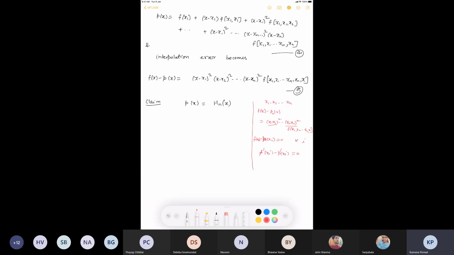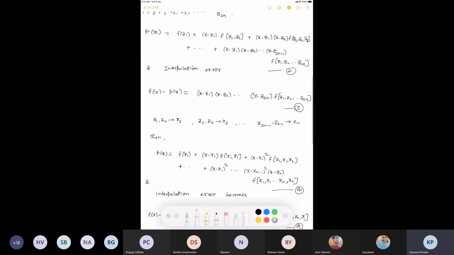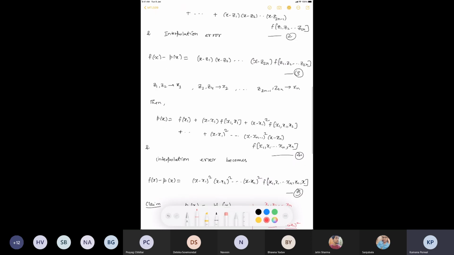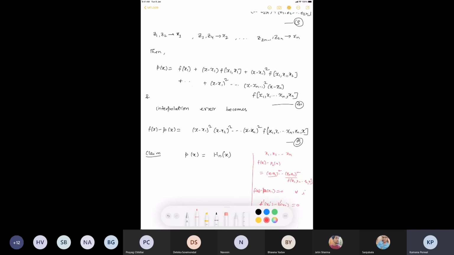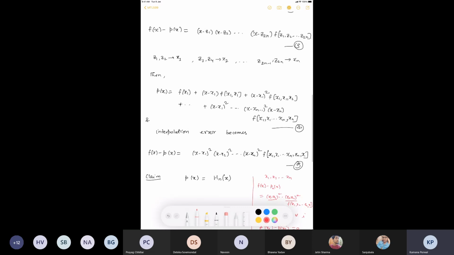If you look at the Newton's form of the interpolating polynomial, you get the error as x minus z1, x minus z2, like that. So if I want the factors x minus x1 square, x minus x2 square, like that, I have to have two consecutive nodes the same. So this is just a motivation using the error.